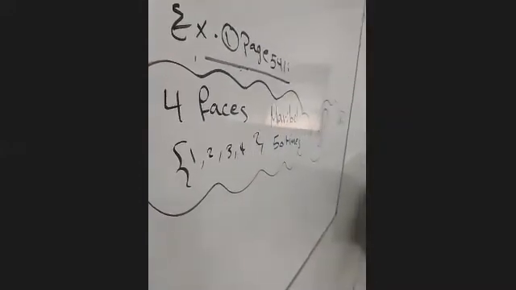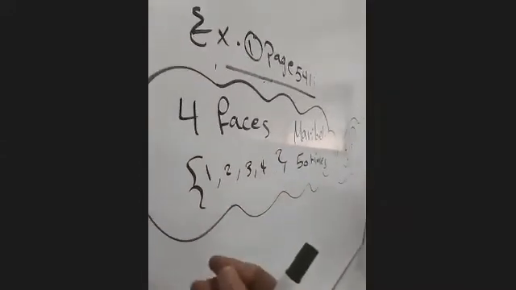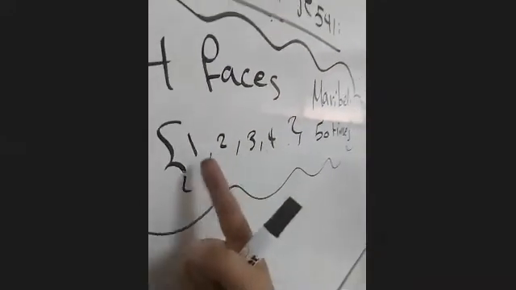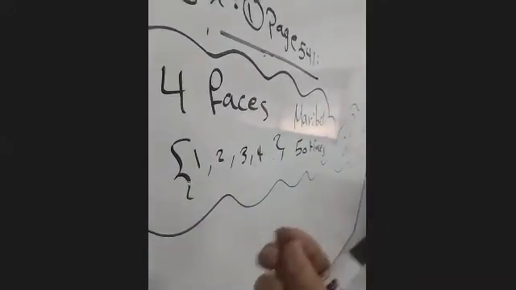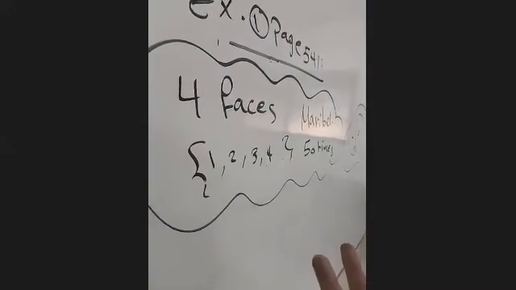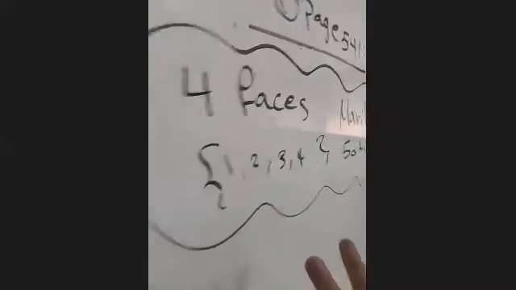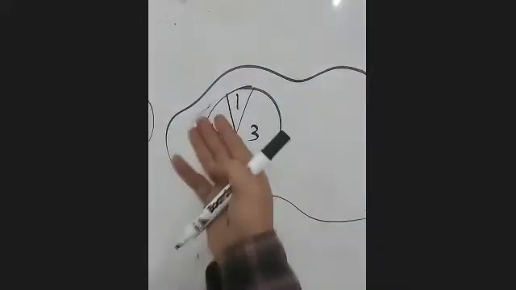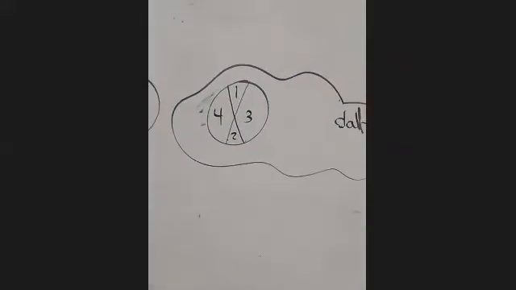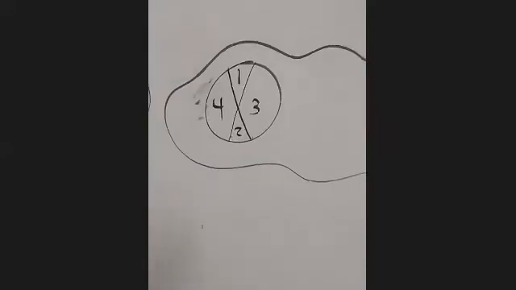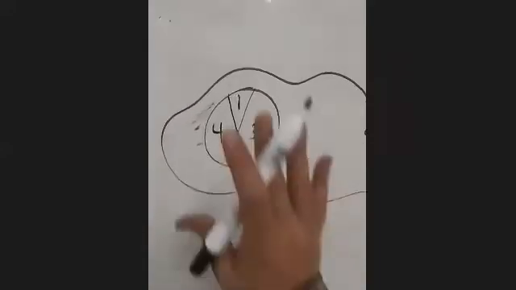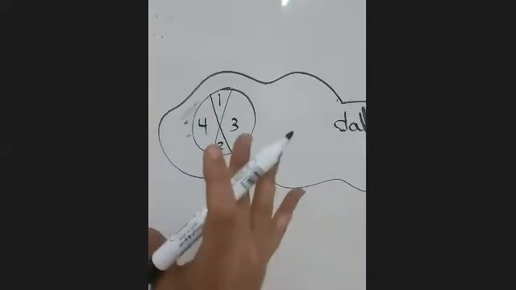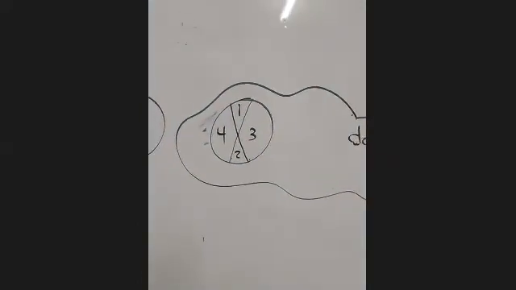It means if we toss this tetrahedron once, each element here has the same probability to happen, the same chance. But for the spinner, do we have the same chance for 1, 2, 3, and 4? No, because 3 and 4 are not evenly divided.